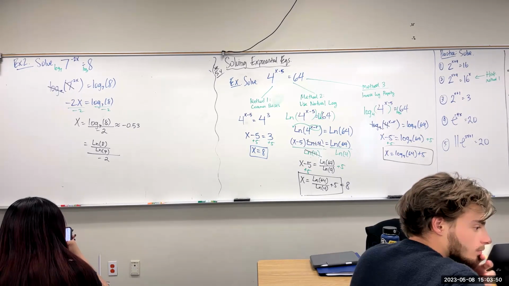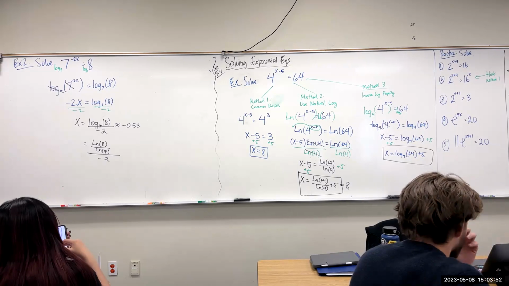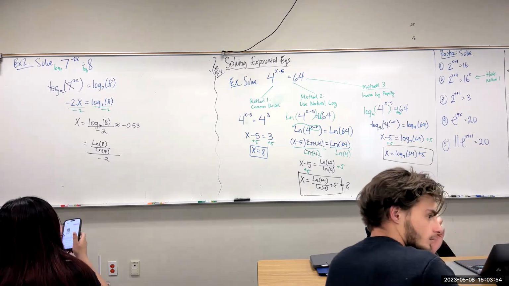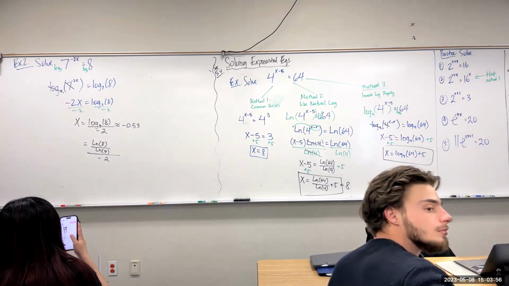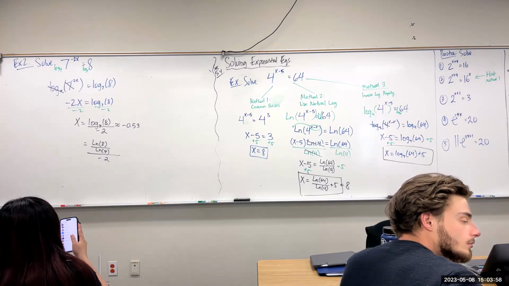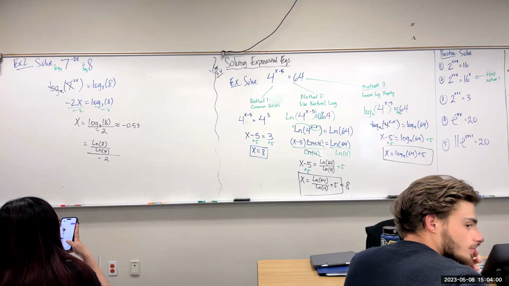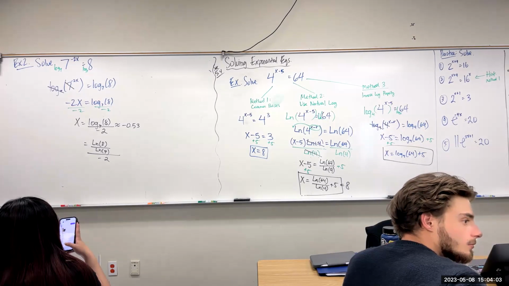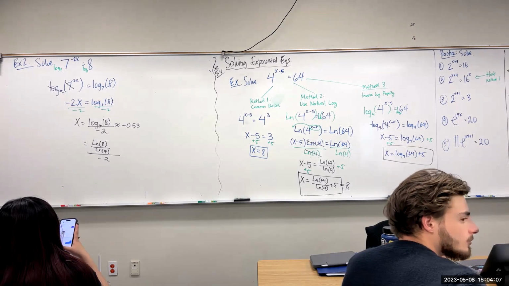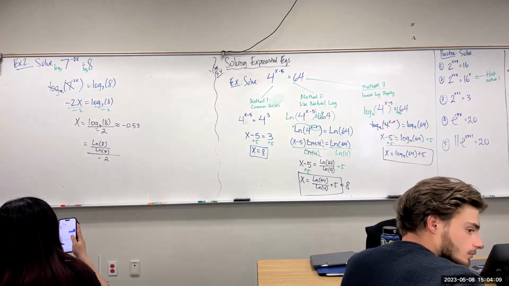So you did minus 1, equals 2 to the power of 4, 2 to the power of 3. So 2 to the x plus 4 equals 2 to the power of 4x.